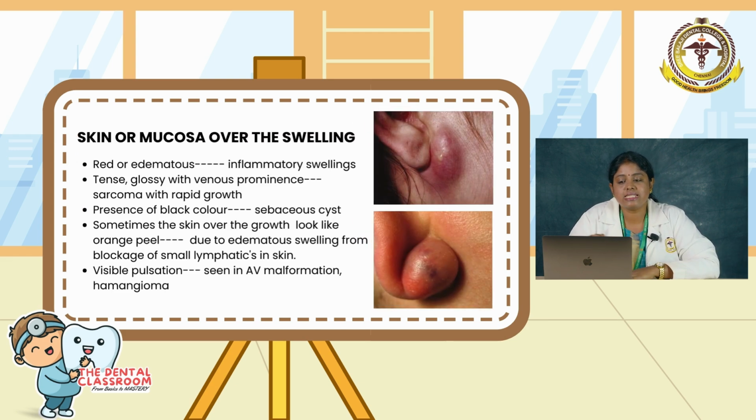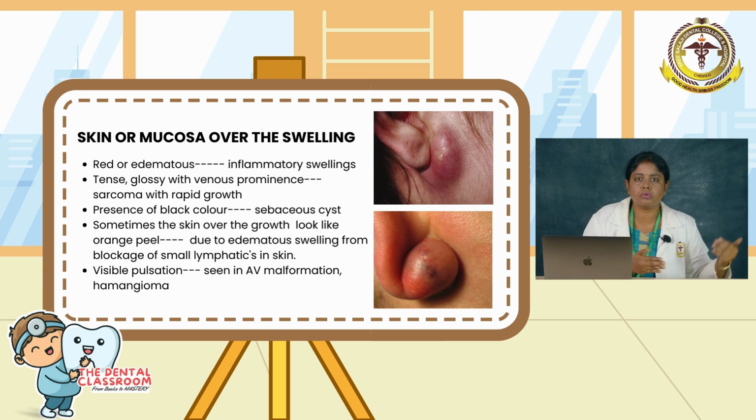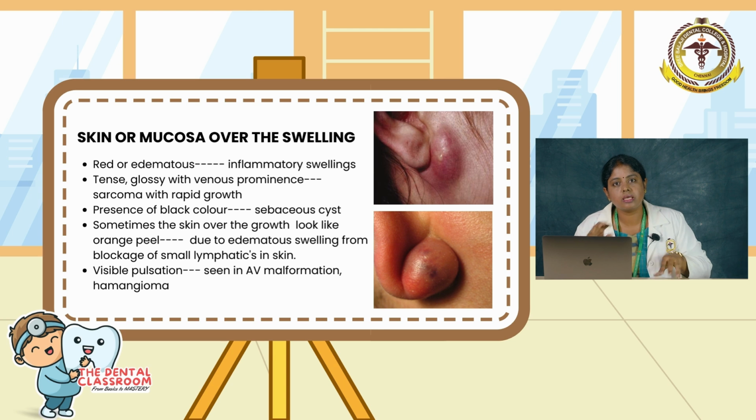Then you have to see the skin over the swelling, how the skin is appearing over the swelling. Ma'am, you just said surface of the swelling and now you are saying skin over the swelling. Surface of the swelling generally for intraoral swelling I was talking about. But here in case of extraoral swelling, we have to look into the skin or the mucosa over the swelling, how it is appearing.